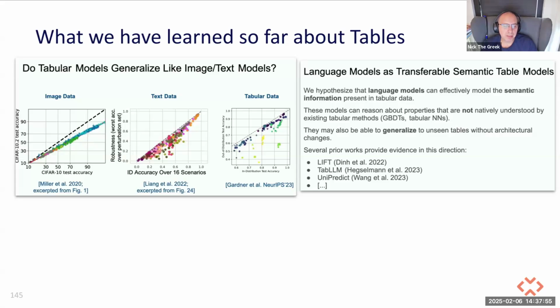This is the same thing for images: you train it here, you do some perturbation, and you see how it generalizes. With tables, this is the in-test distribution accuracy. This is out of test, and you can see that tables degrade fairly quickly, and that is a problem.